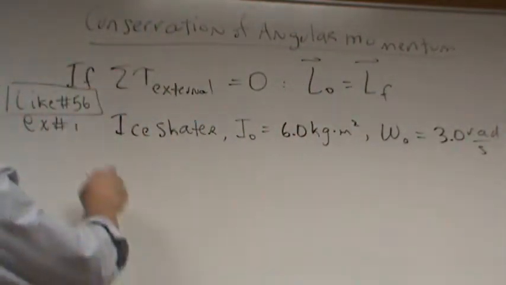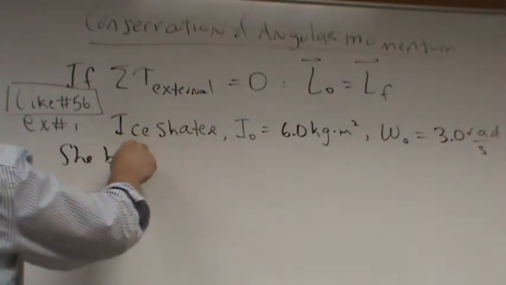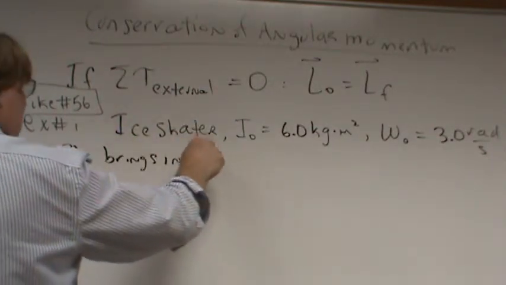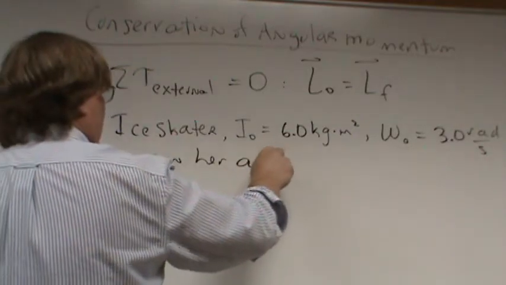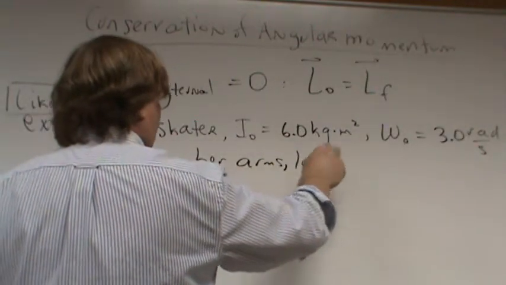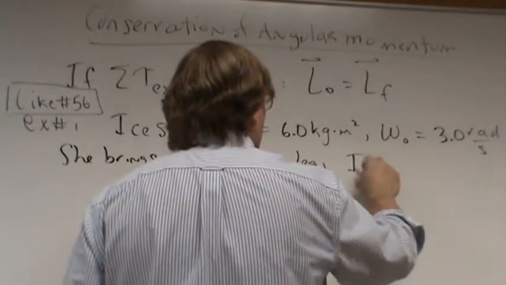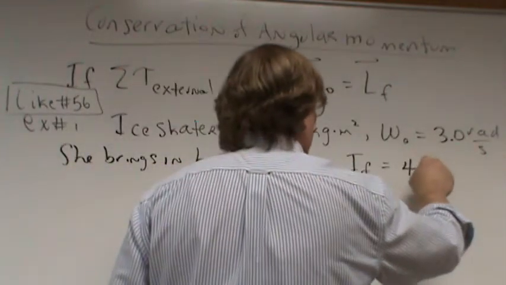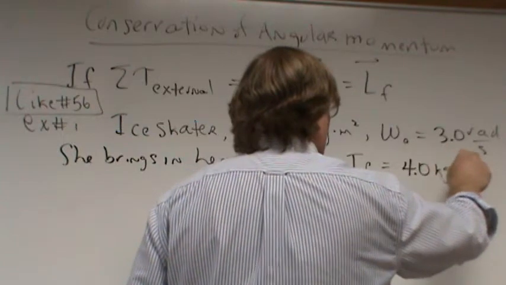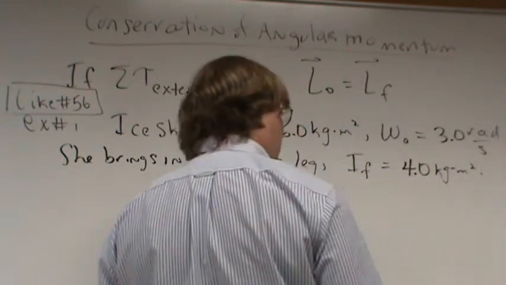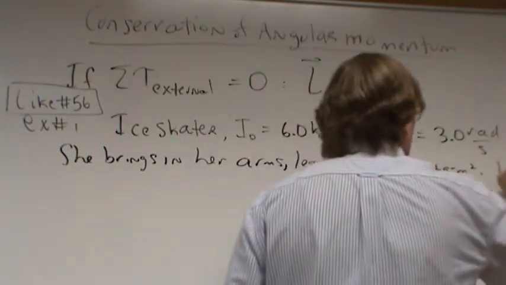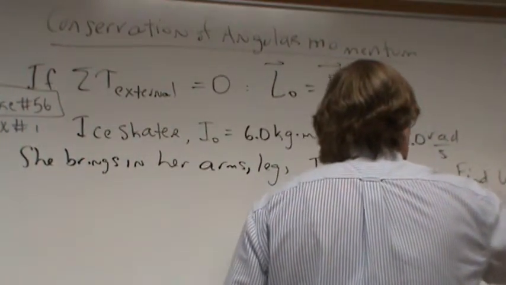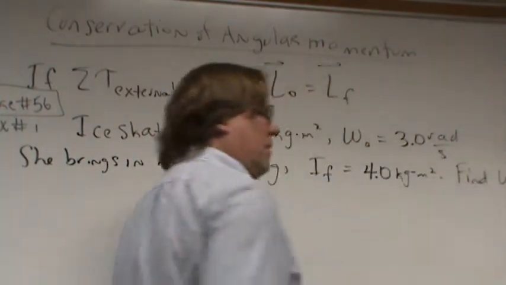Okay. She brings in her arms and her leg, and now her final rotational inertia is 4.0 kilogram meters squared. Find her final angular velocity.